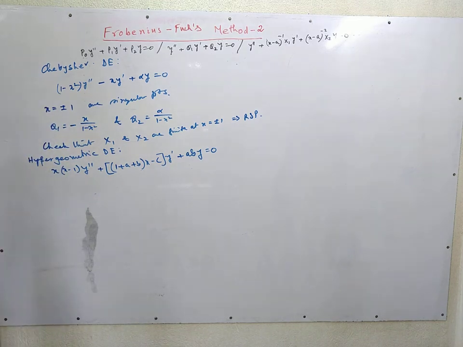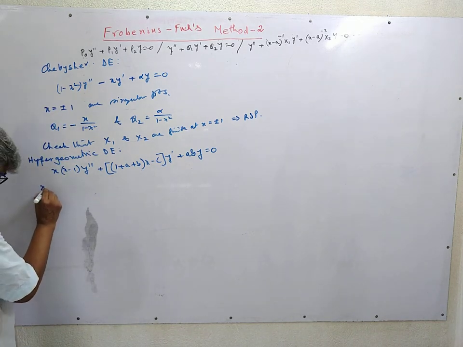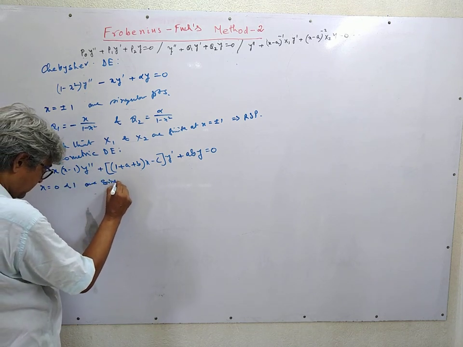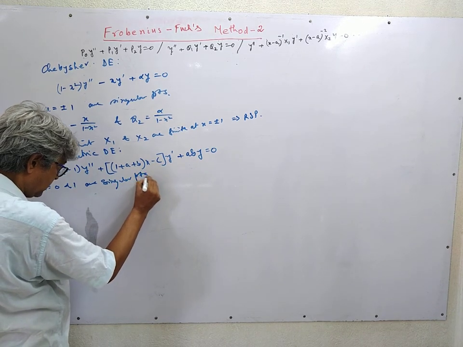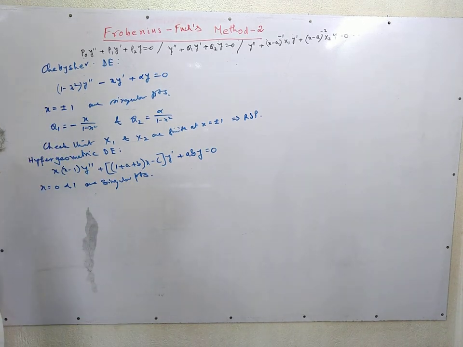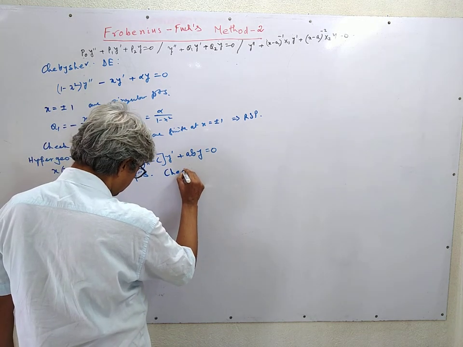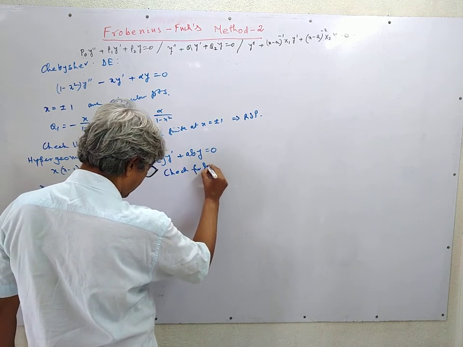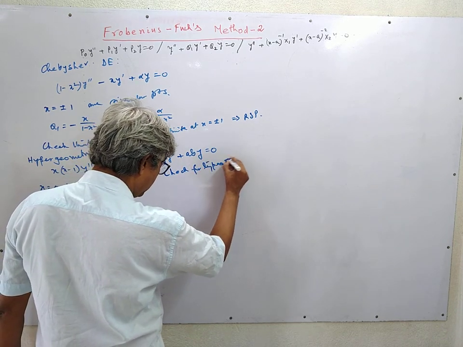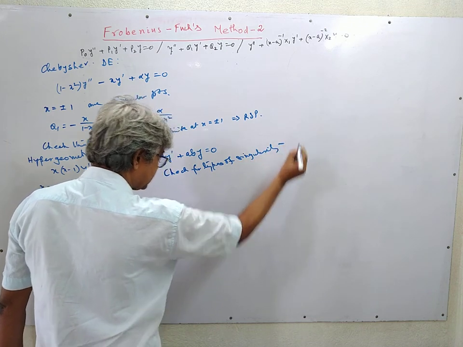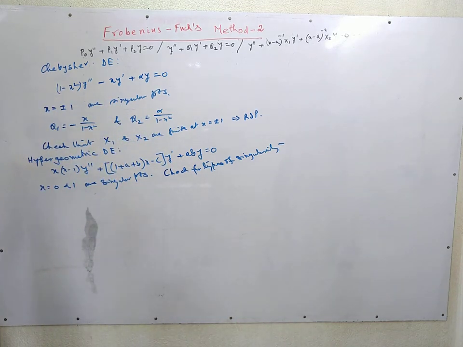Obviously x is equal to 0 and 1 are singular points. And you see which ones are removable points or not. Check for the type of singularity, that is whether it is essential or non-essential.